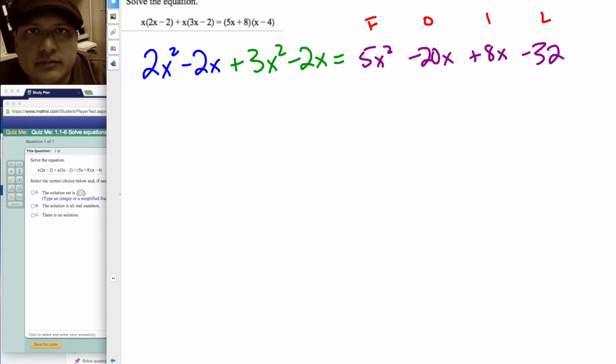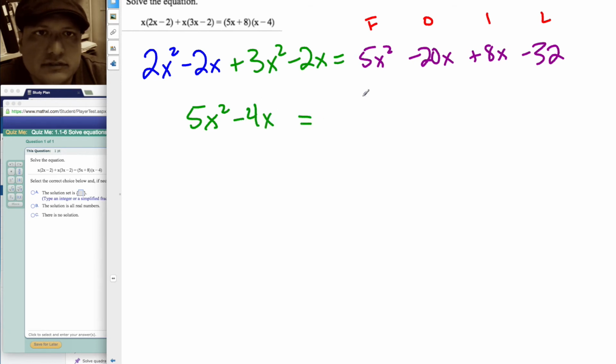We clean this up, and we have 5x squared minus 4x equals 5x squared. This becomes minus 20 plus 8 is minus 12, minus 32.